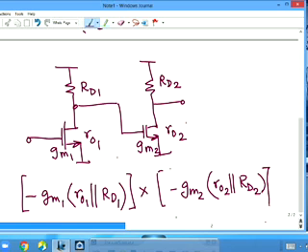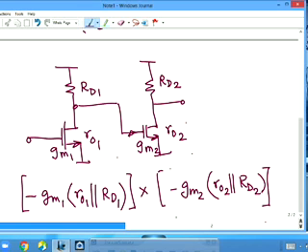Now this works very nicely for a MOSFET. It doesn't work so nicely for a BJT, mainly because in the BJT there is a loading effect. In the MOSFET there is no loading effect. The gate of the MOSFET does not take any current. So this current is zero in the MOSFET. So it's nice and clean and you don't have to bother about any loading problems.